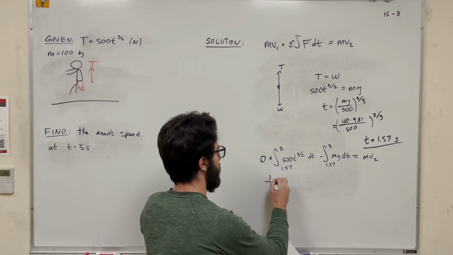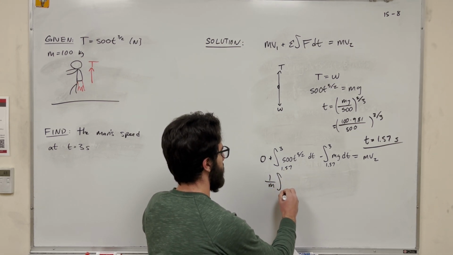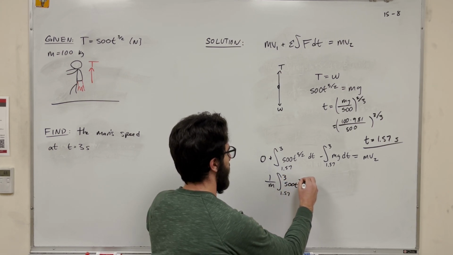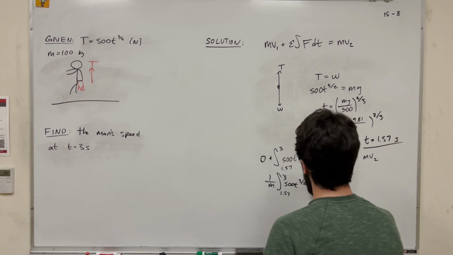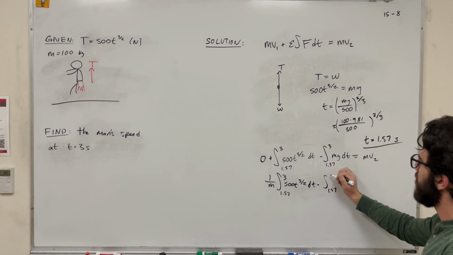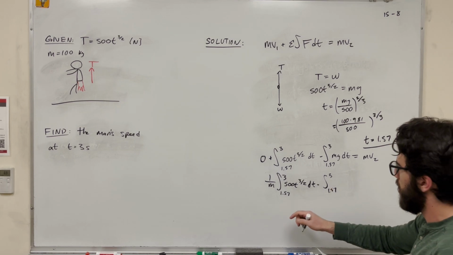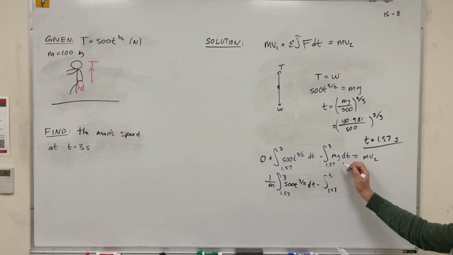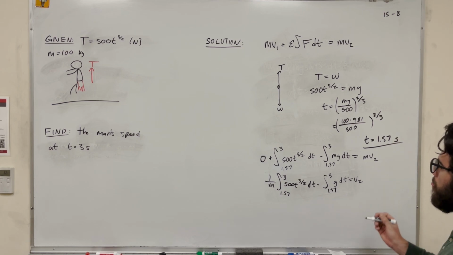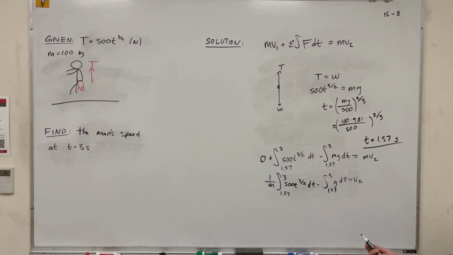It's going to be 1 over mass, because we're dividing by mass, times the integral from 1.57 to 3 of 500t^(3/2) dt, minus the integral from 1.57 to 3. Mass gets canceled because we divided by mass, so it just becomes gravity, dt, and that equals v2. I'm going to leave these integrals for you guys because I don't have the time. I try to go quicker in these videos.